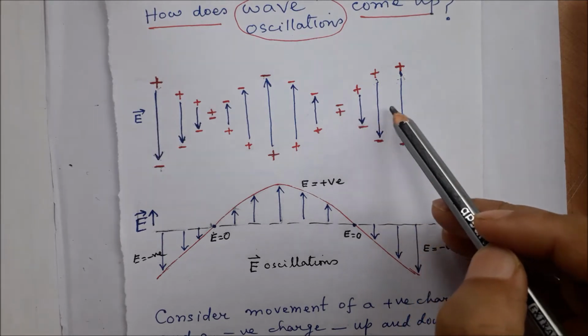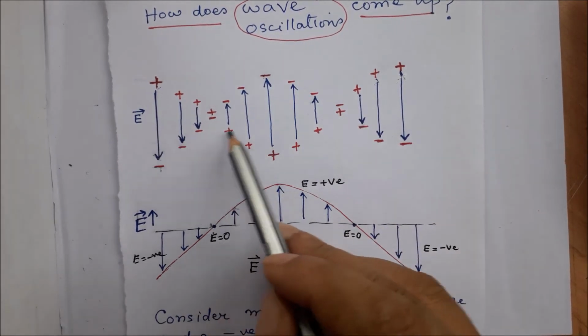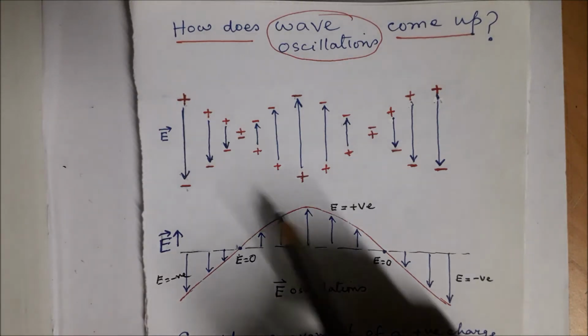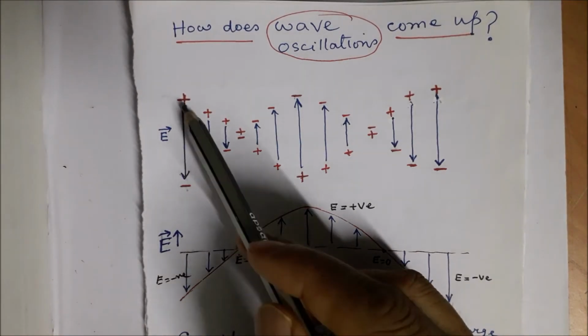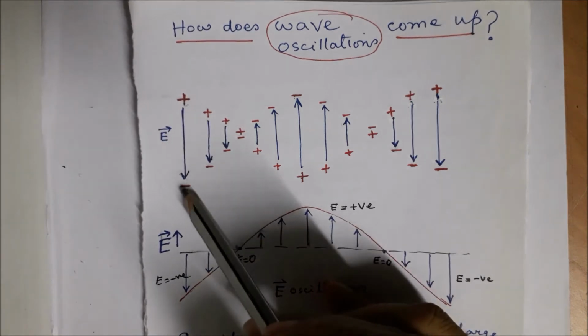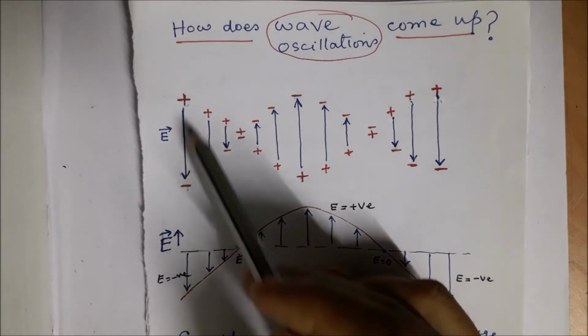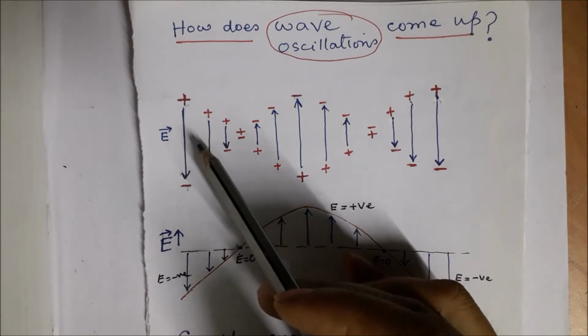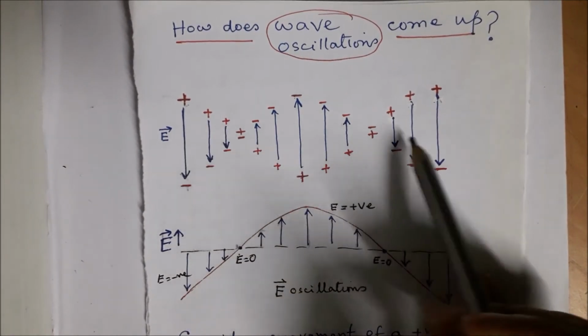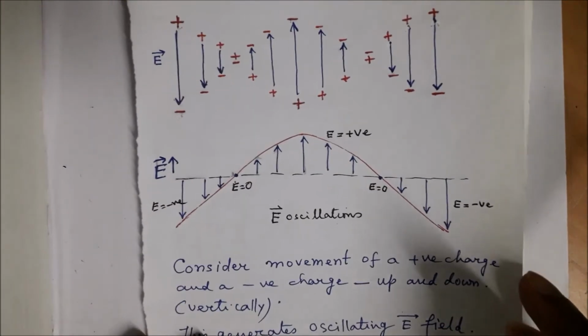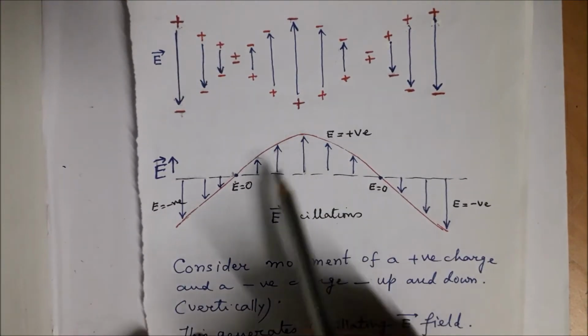The process repeats and we have this diagram. Clearly, such movement of positive charge and negative charge up and down, that is along the vertical direction, generates an E field, and this E field is oscillating as shown in this diagram.